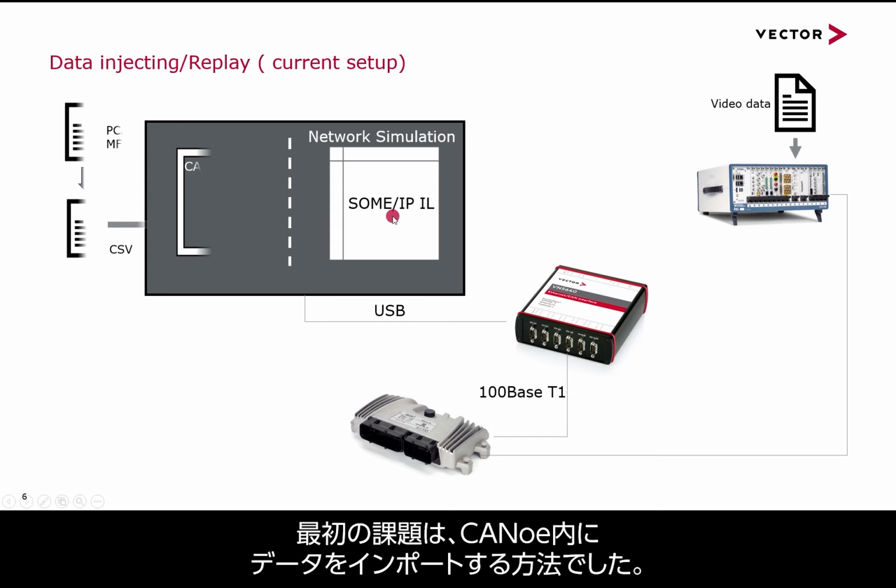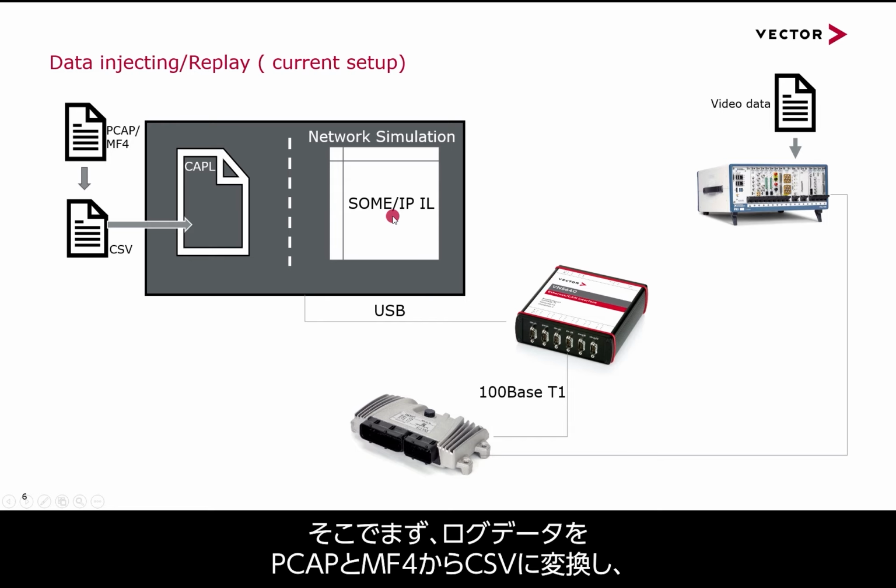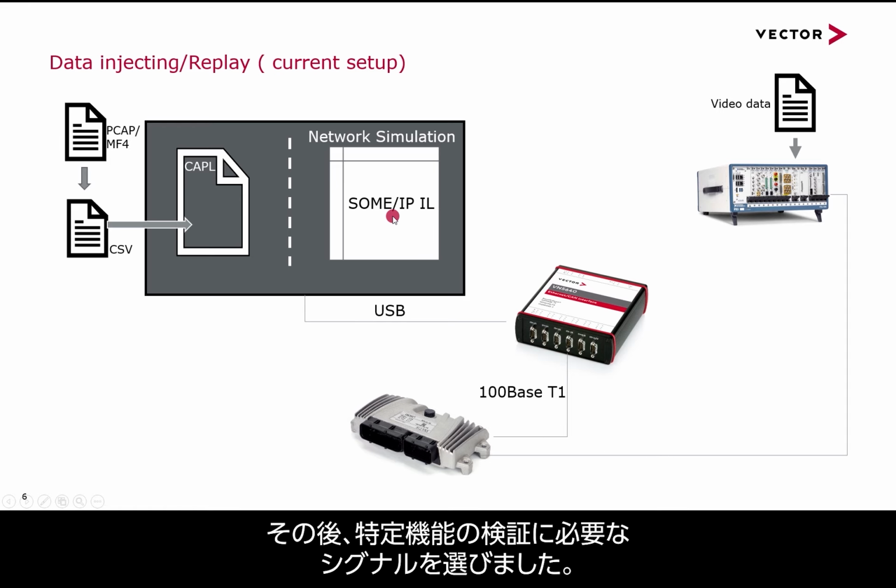Now, the first task was deciding how the data would be imported within the CANoe setup. So they settled, first of all, on converting the log data from PCAP and MF4 into CSV, and then they selected a number of signals which are required to carry out or to verify certain functions.